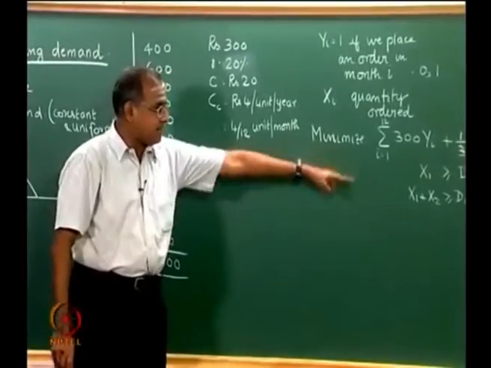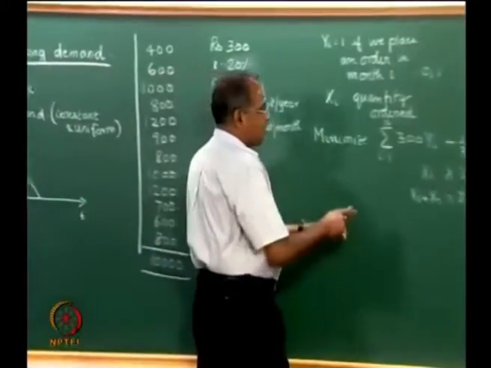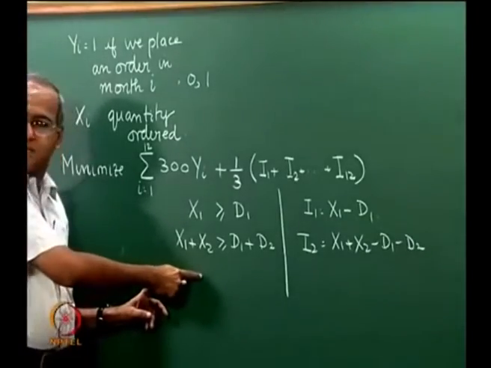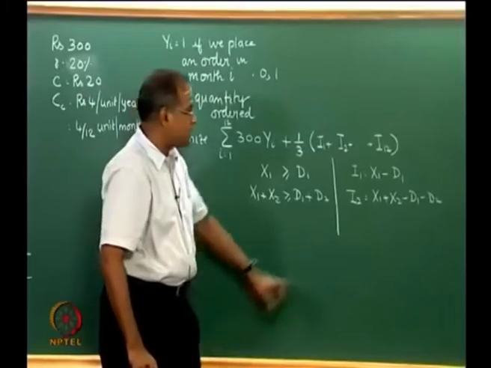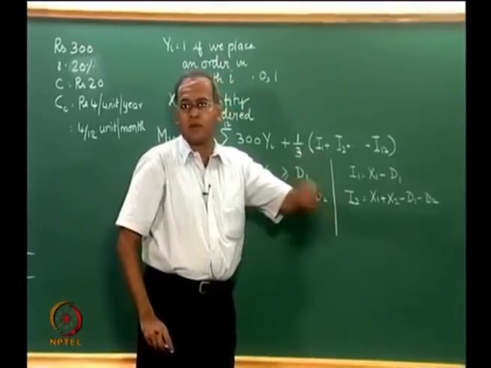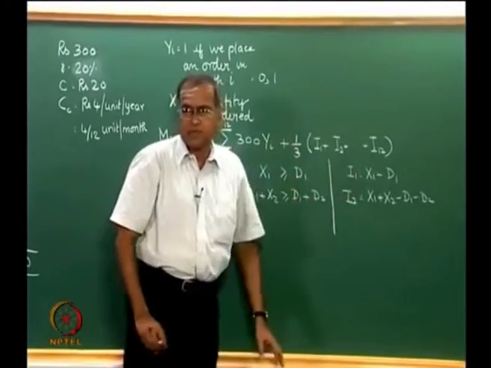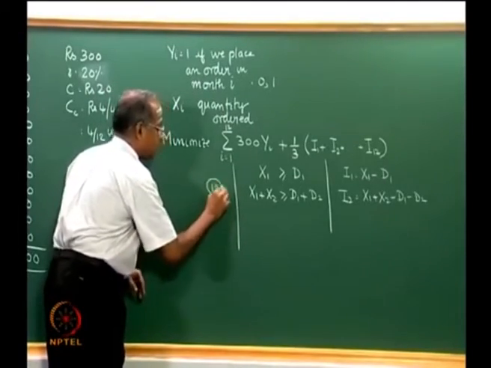Now the moment we understand these two constraints, the rest of the constraints are easy. The third constraint will be x1 plus x2 plus x3 is greater than or equal to D1 plus D2 plus D3, from which I3 will be x1 plus x2 plus x3 minus D1 minus D2 minus D3. So like this we have 12 constraints for the 12 time periods.